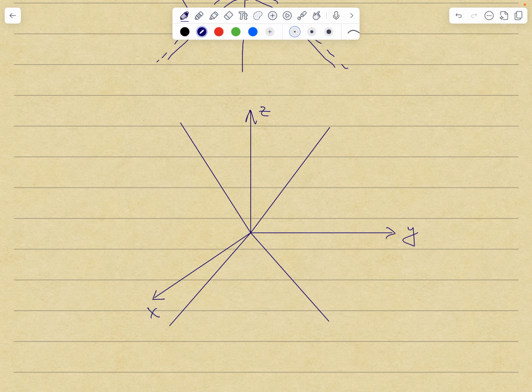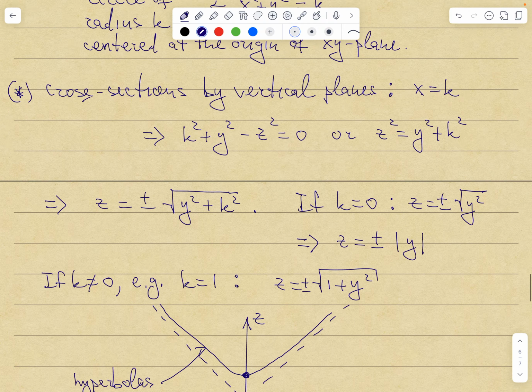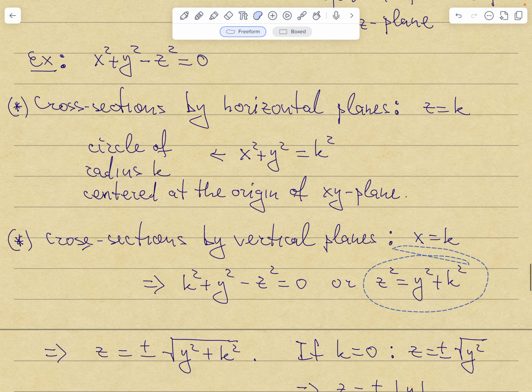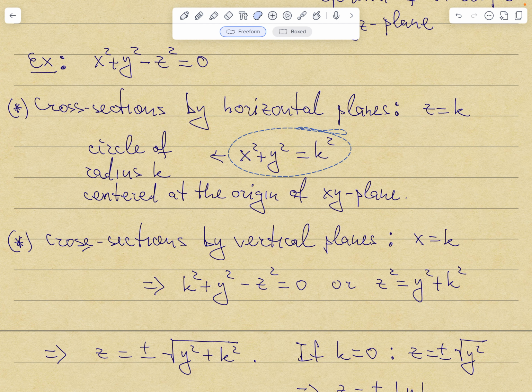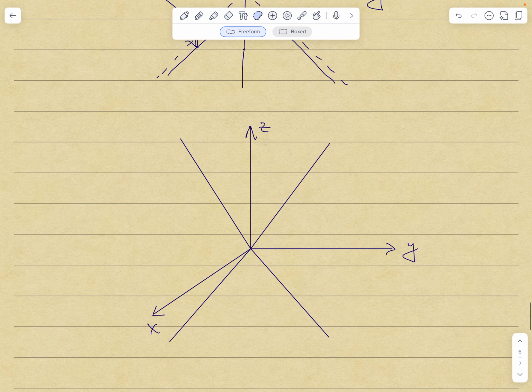And then I am going to just use now the cross sections by horizontal planes, which we said are circles. So at a level k, you get a circle of radius k. So if I'm, for example, at level 1, my cross section by a horizontal plane is a circle of radius 1 like this.